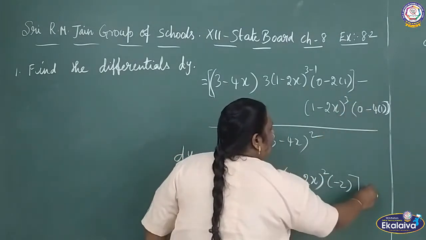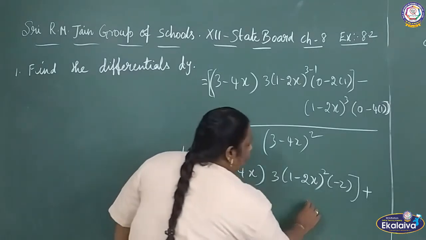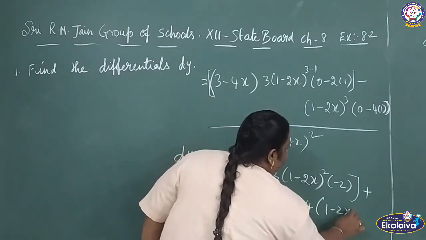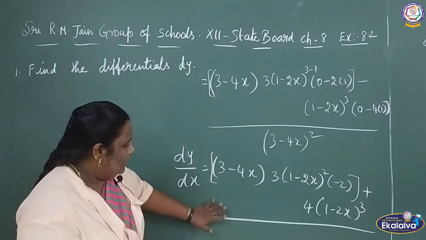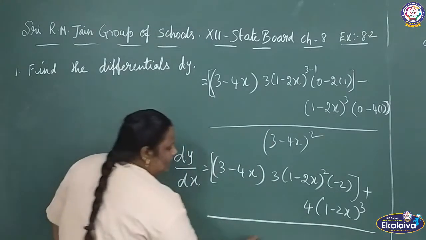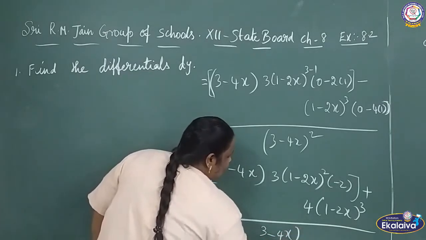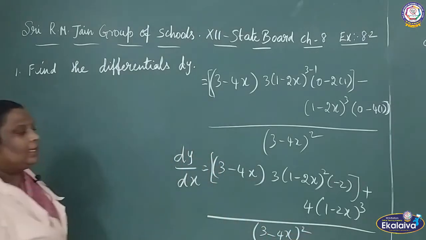Minus into minus becomes what? Plus 4 into (1 minus 2x) the whole cube, whole divided by (3 minus 4x) the whole square.